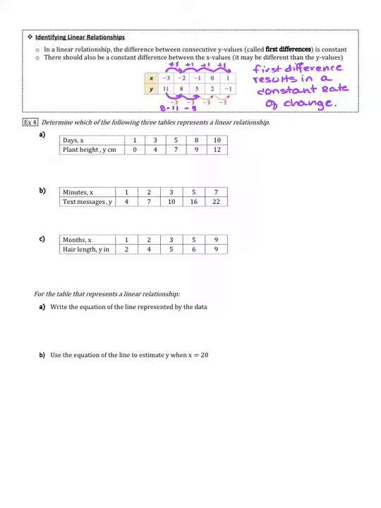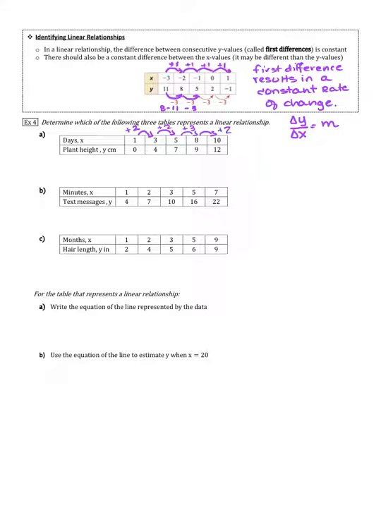Okay, so here we're given some data in a table, and we want to discover if there is a constant rate of change. Remember, the slope is the change in y over the change in x. This is how we write it, delta y over delta x. That's how you're looking for that constant rate of change, even if things are not always consistent on top. So for instance, we have here 3 minus 1, plus 2, plus 2, plus 3, which is okay if we have a similar change in the bottom.